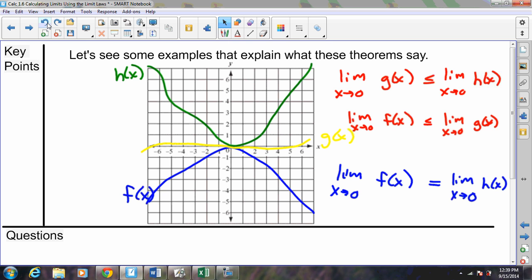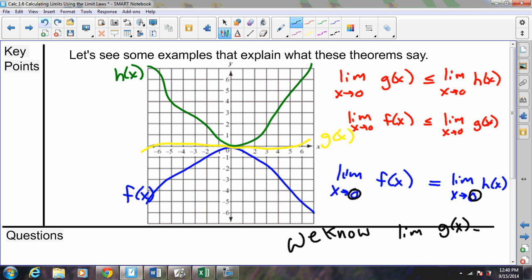If you have a function that's in between two others, but the other two squeeze together to have the same limit at a particular point, like x equals 0, then we know the third limit that's in between them, our g of x, also has to be the same thing, 0.